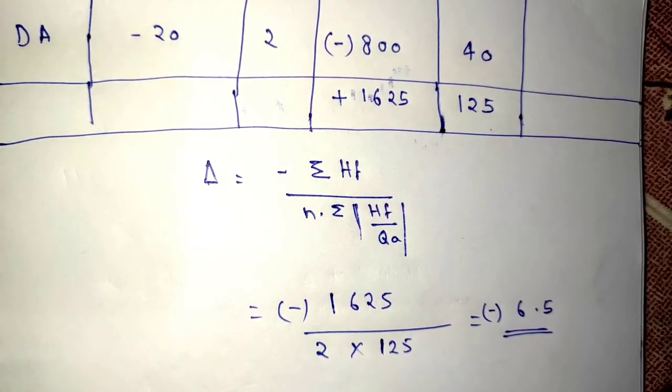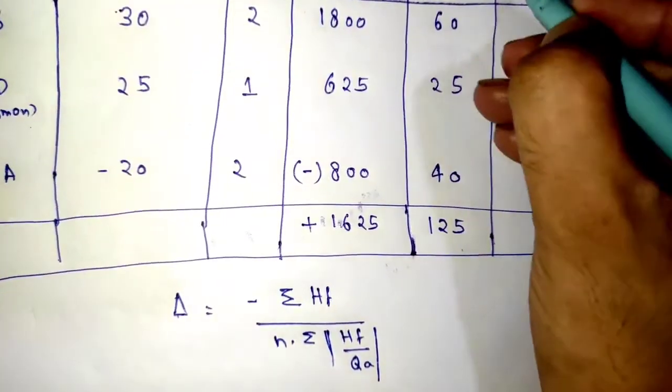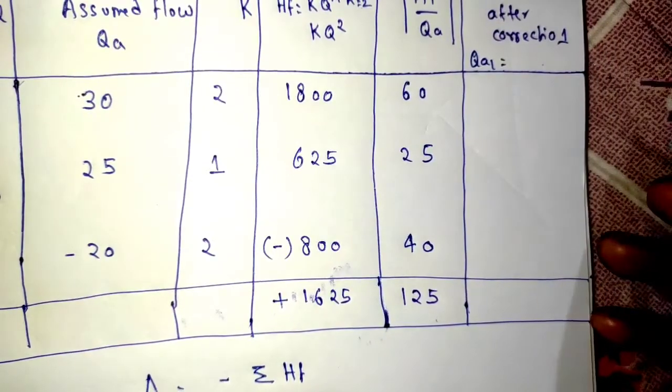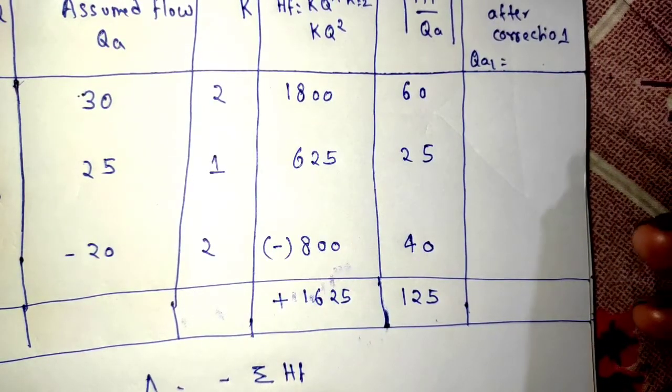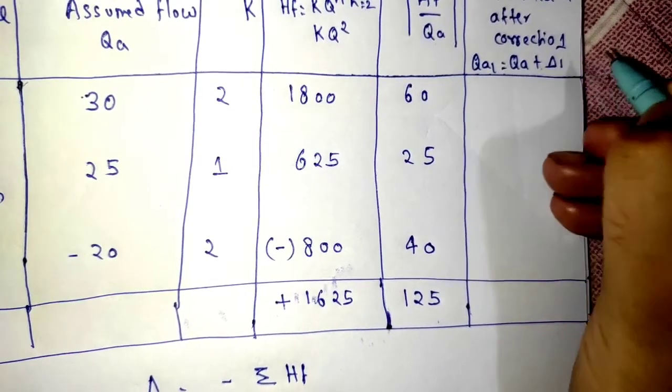So what we have to do is, what is our corrected Q? You know that QA1, that is the corrected value of Q, is QA plus delta 1, right?